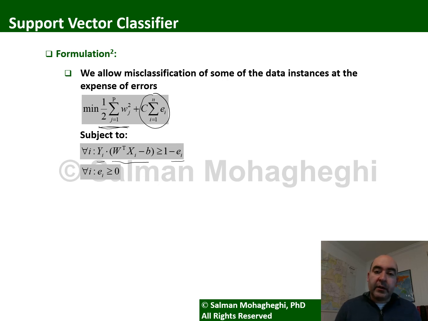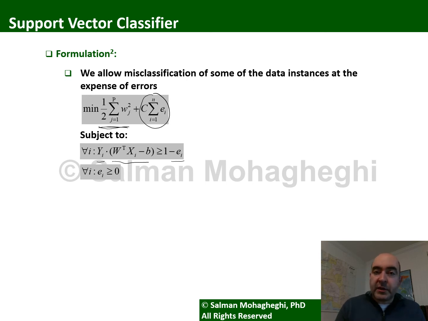So again, here we introduce a certain level of relaxation. If all the e_i end up being 0, that means all the observations are being classified absolutely correctly. However, if some of them are misclassified as belonging to a different class, then some of the e_i are going to be non-zero.